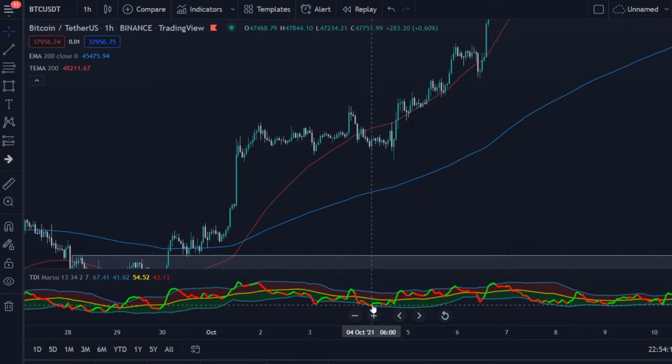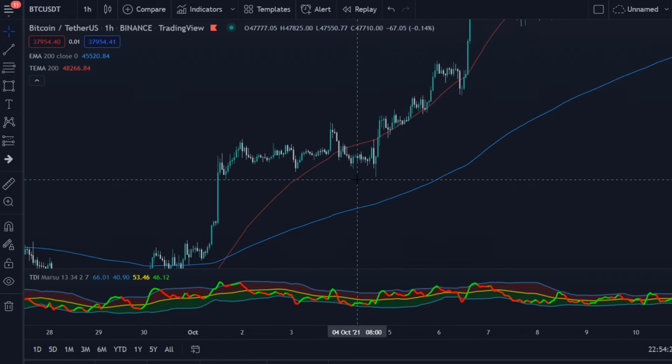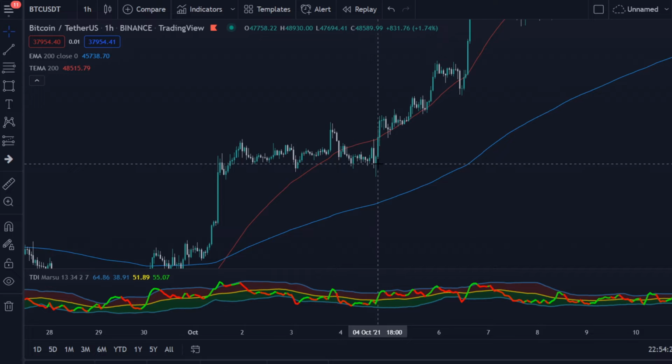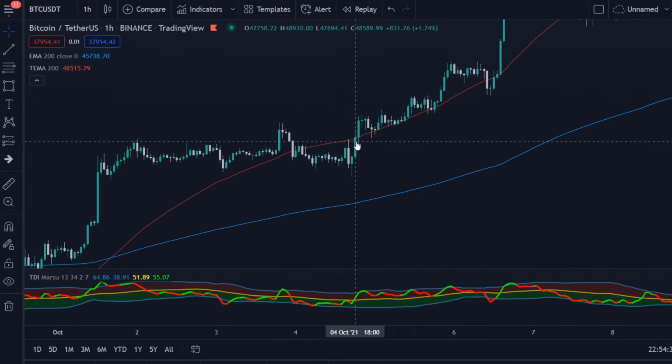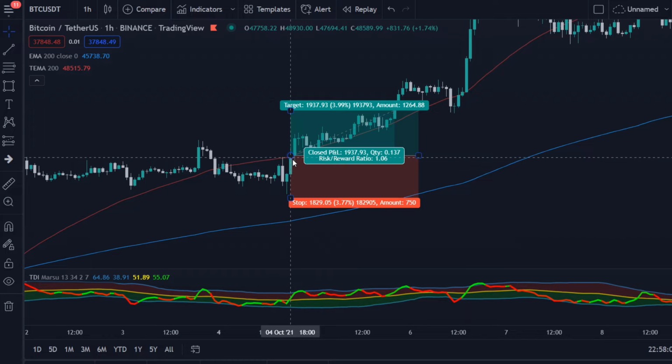And as that happens, and it comes back in the band, then things start to become interesting, because then we need to wait for the price to cross the TEMA again at this candle over here, and then we take the trade about here.